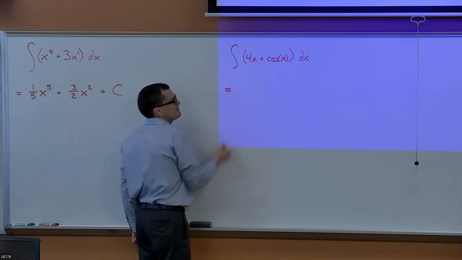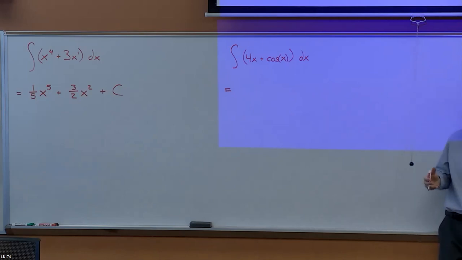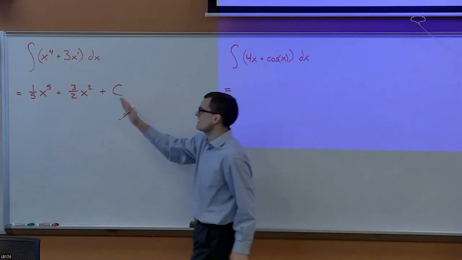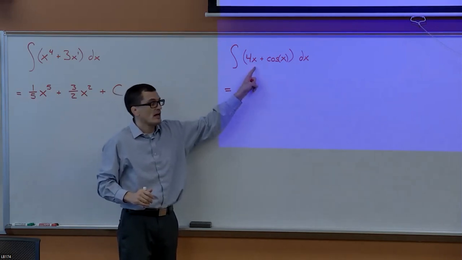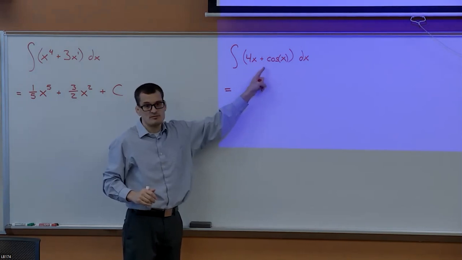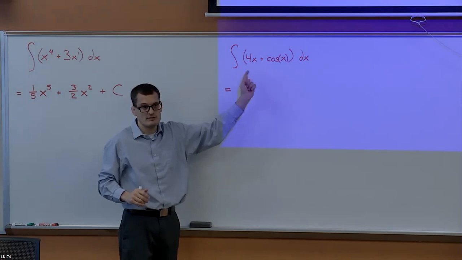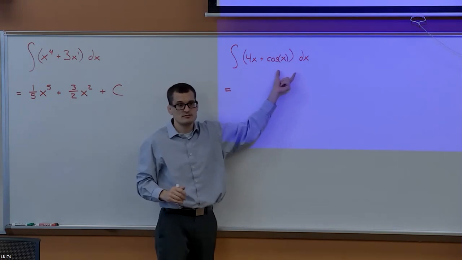Now, if we have a function like 4x plus cosine of x, where one of the individual terms is a polynomial term, I can use the same technique on the polynomial term individually, as long as it's separated by plus or minus. So that's why I say term, right? If this was 4x times cosine x, it'd be different. But 4x is its own term, cosine x is its own term.